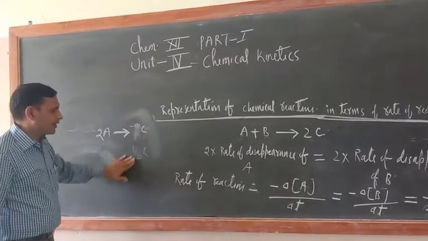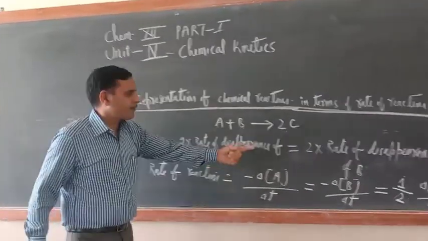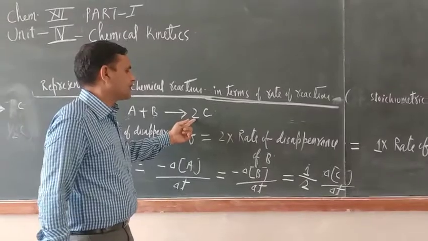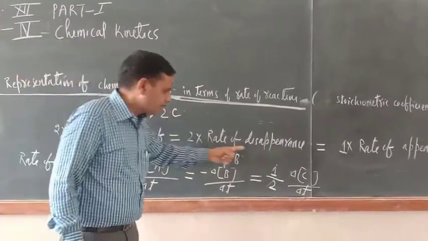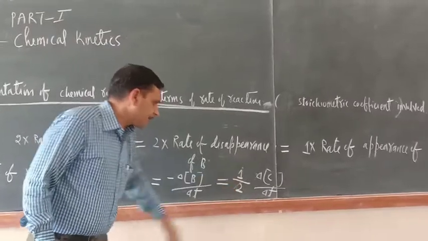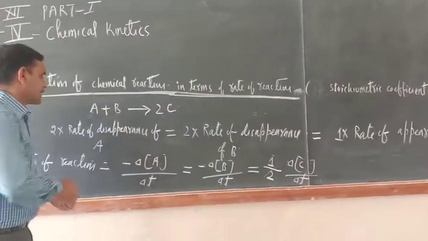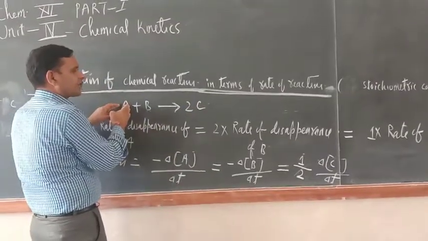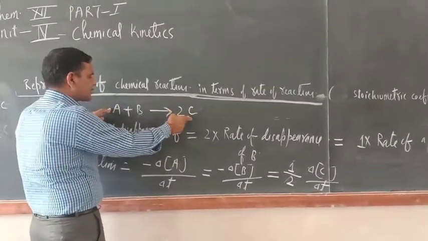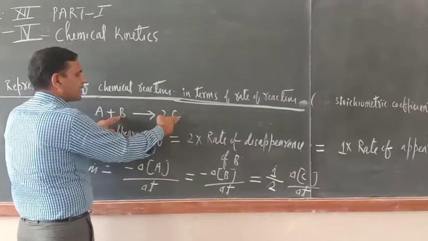So it is like that only: whatever stoichiometric coefficients are involved, they should be written in terms of 1 by. Just see here, A plus B equal to 2C. With respect to A, this is 2C, and with respect to B, it is 2C.